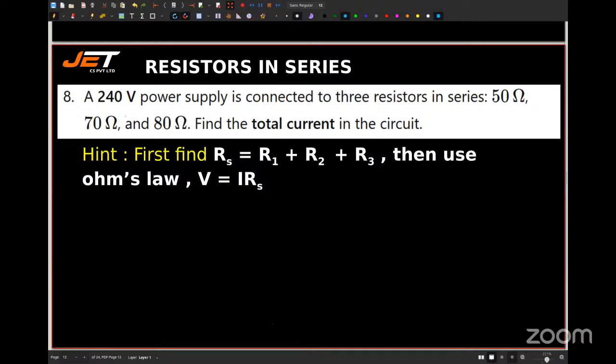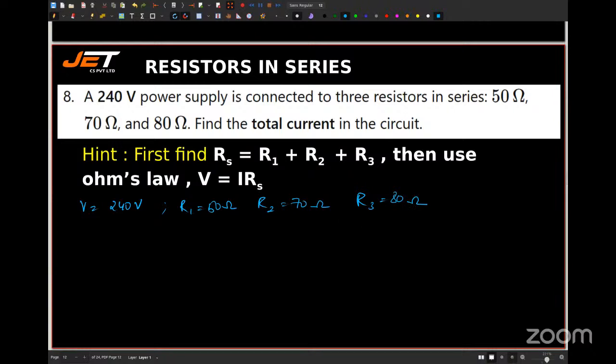A 240 volt power supply is connected to three resistors in series: 50 ohms, 70 ohms, and 80 ohms. Find the total current in the circuit. Pretty straightforward formulas you have to use. So voltage is given as 240 volts, and R1 is 50 ohms, R2 is 70 ohms, and R3 is 80 ohms.